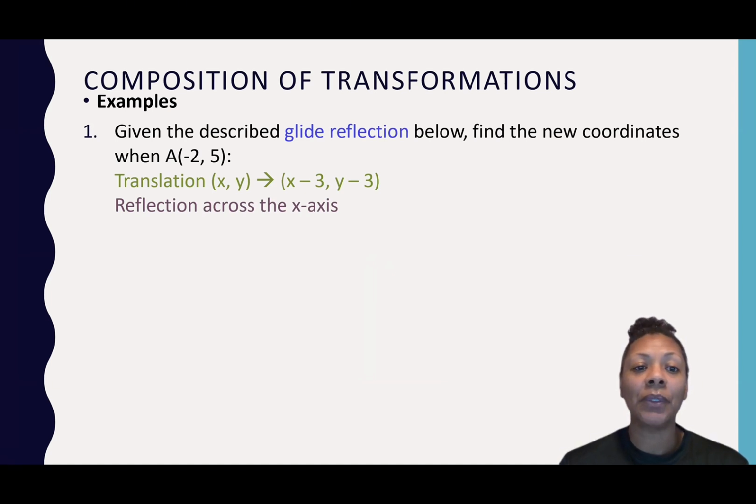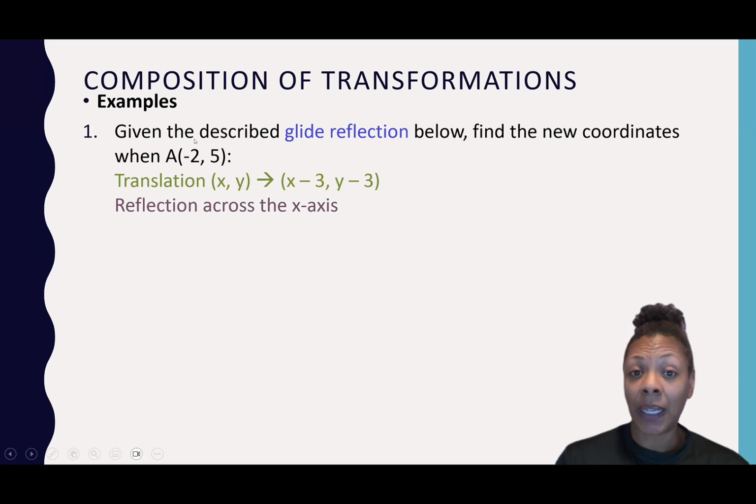Find the new coordinates when A has x -2 and y 5. The description below is my translation, and this time it's not written in words, it's showing the arrow notation rule. I change my coordinates (x, y) by subtracting 3 from my x and subtracting 3 from my y.